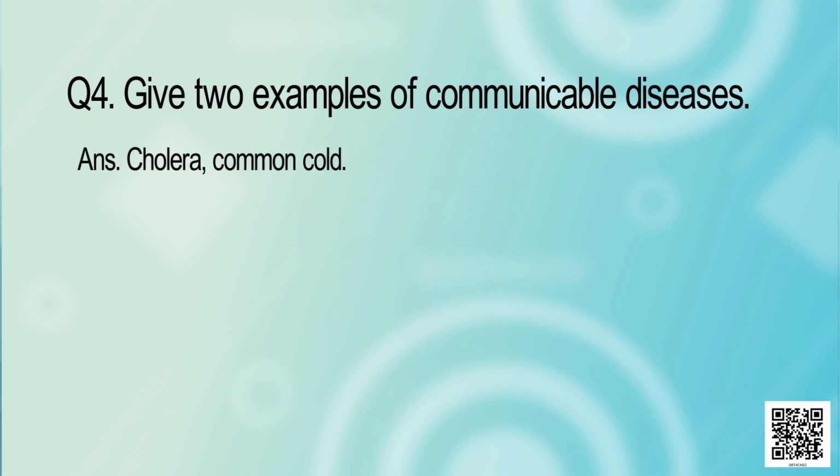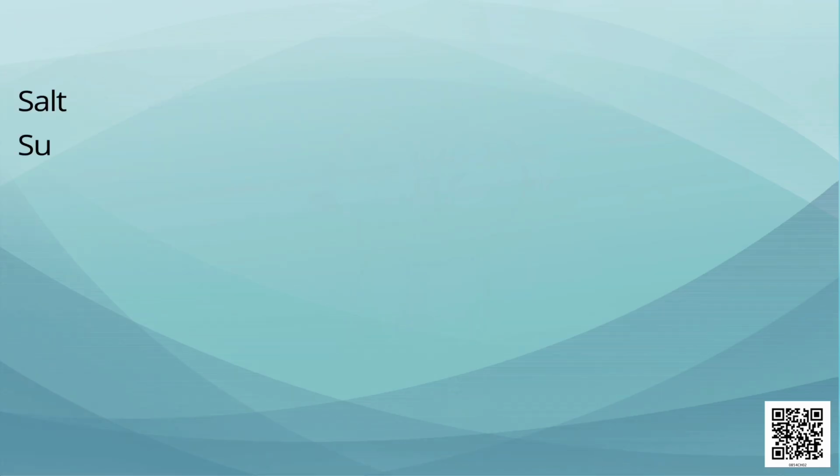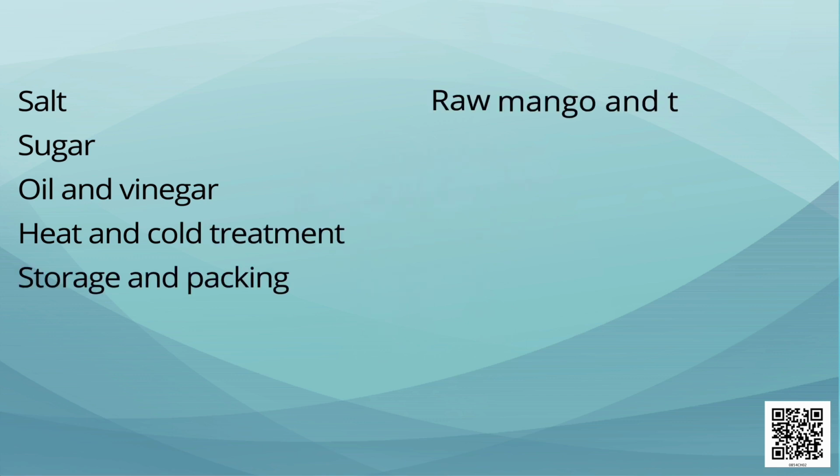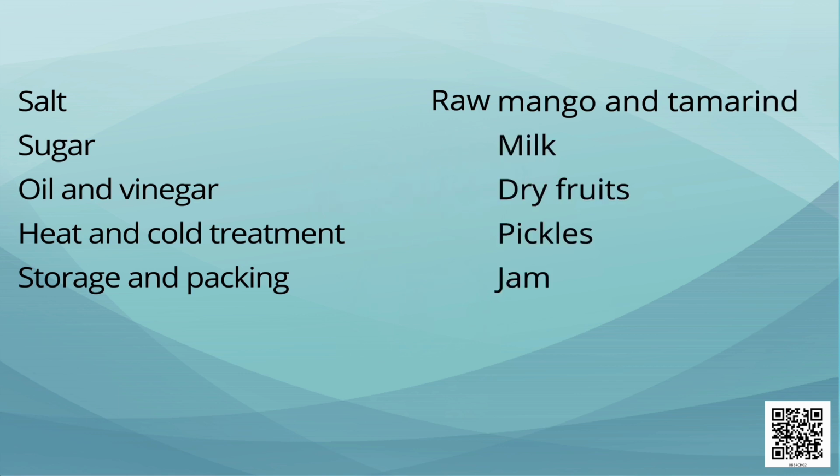Now, let us match the following. We have options on the left side: salt, sugar, oil and vinegar, heat and cold treatment, storage and packing. And on the right side we have raw mango and tamarind, milk, dry fruits, pickles and jam. Let us match.